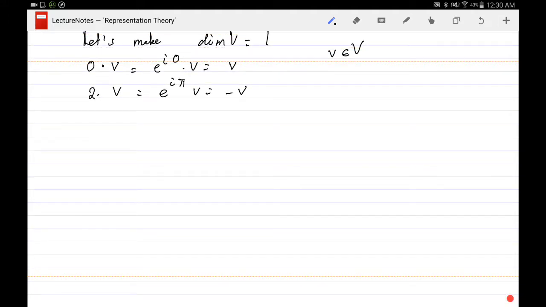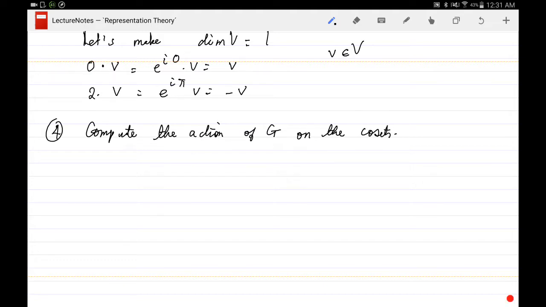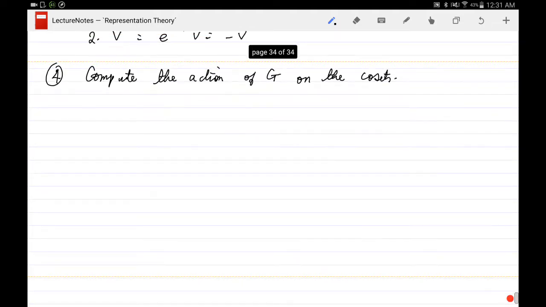The last step is to compute the action of G on the cosets. And this is really the meat of the problem. I'm going to go through this step by step, and hopefully at a reasonable pace. So we'll pick the 0 element.